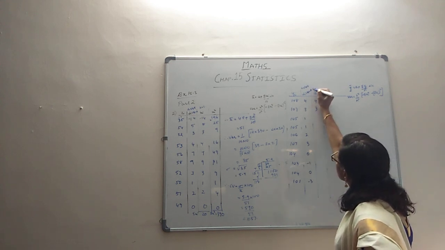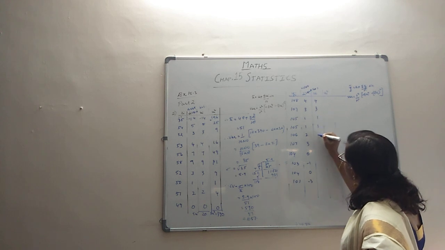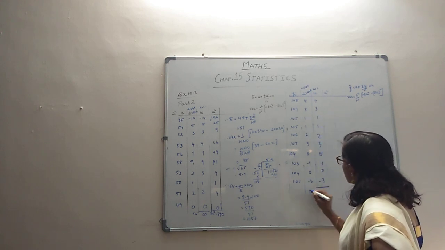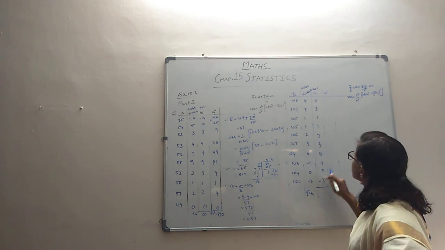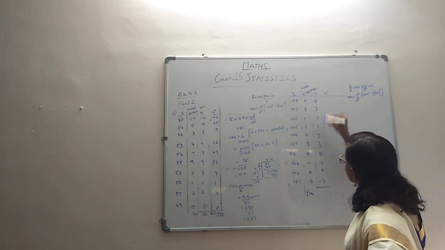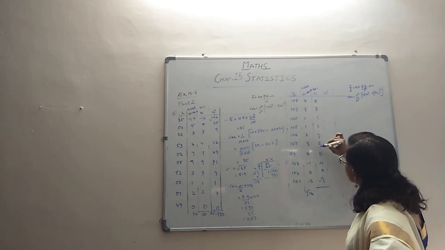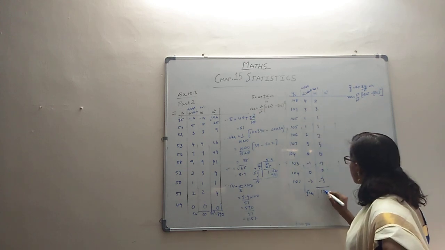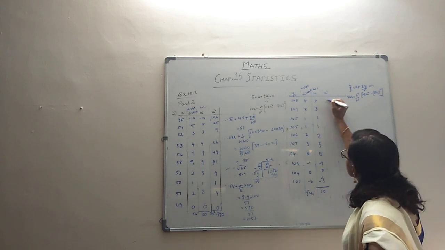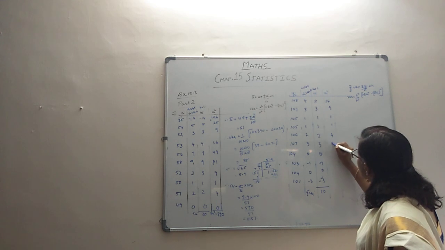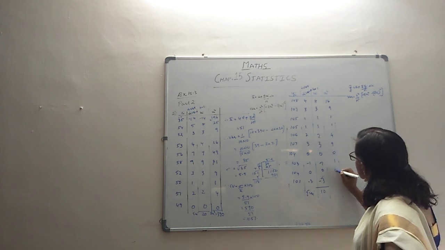H is 1 here. So we can have the summation ui. Minus 4 is there, so maybe we can cut that with this. And remaining you can take 3 and 1, 4, 5, 6, 7, 10. 10 you can get. And we can take the squares: 16, 9, 1, 1, 4, 9, 0, 1, 0, 9.